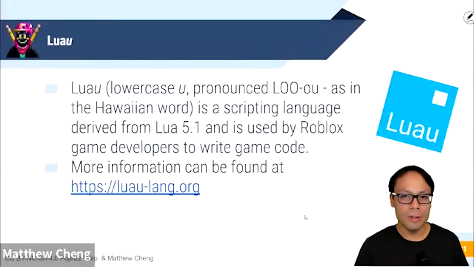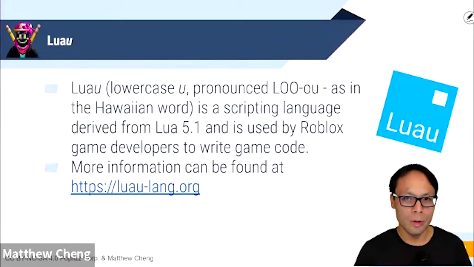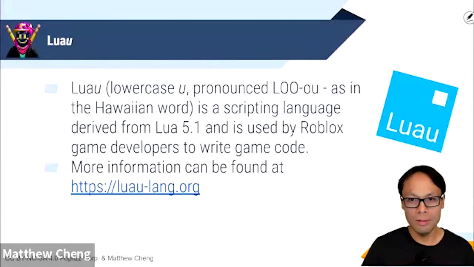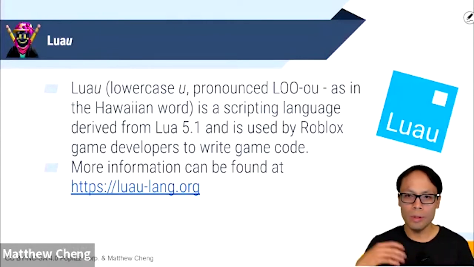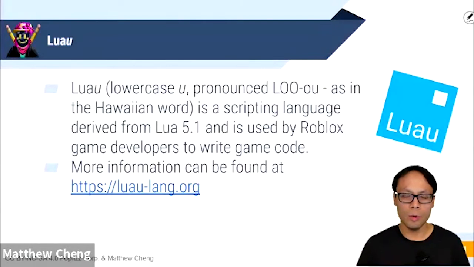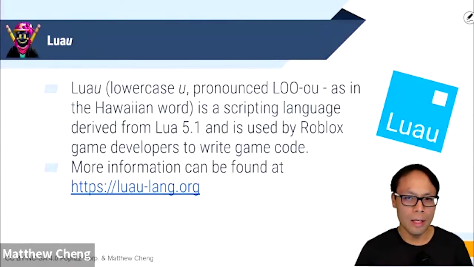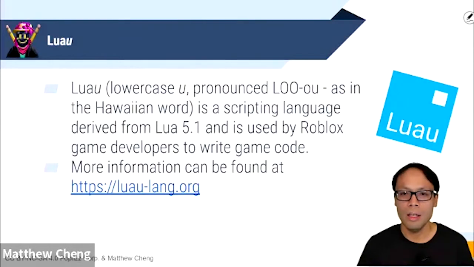Now, Roblox has heavily modified this language called Lua, and they have their own version of it called Luau, which is based on the 5.1 version of Lua. I think they're currently up to like 5.3 or 5.4 of Lua. But behind the scenes, Roblox has actually rewritten the entire Lua programming language specifically to make it go faster, and then also add their own API information there.